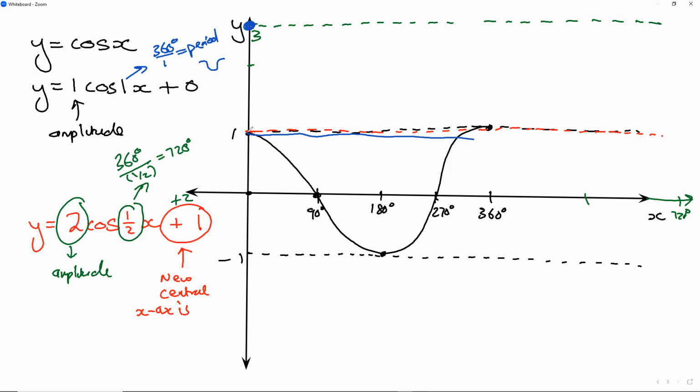Remember, this is the central line that I'm working with, and it's going to go downwards. So we're going to start there. Let's get a few dots going. Let's get 1, 2, 3, 4, 5 dots going. We're going to have 1 over here, and it's going to go all the way down and cut at 180 degrees over there. It's going to turn at 360 degrees. At 540 degrees, it's back at the central point.